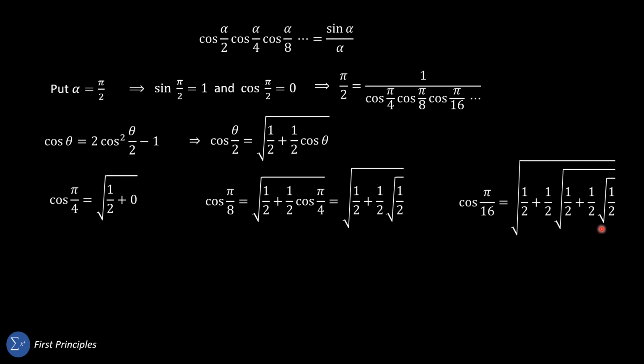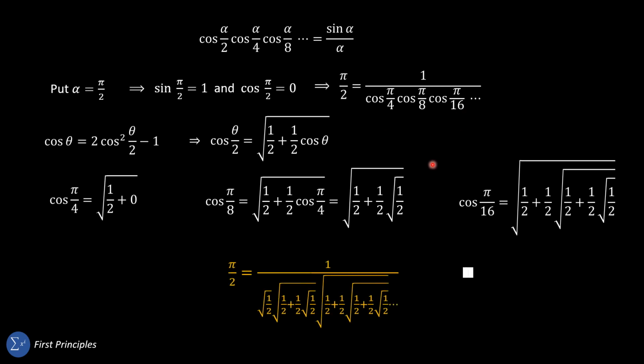And if we continue this and plug in all these results to this equation that we had in the denominator for multiplication of all these cosine terms, you finally get what you were supposed to prove. Pi over 2 is equal to 1 divided by multiplication of all these square roots. And that ends the proof.